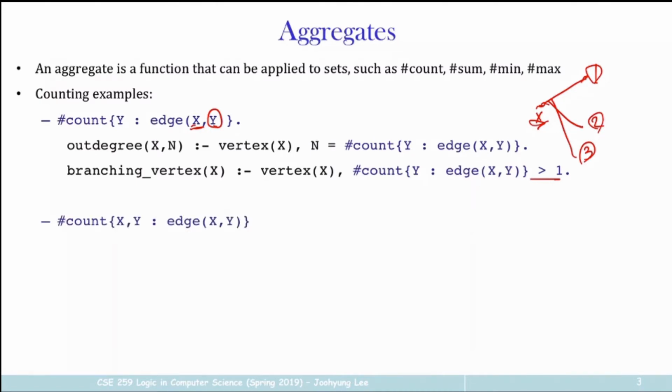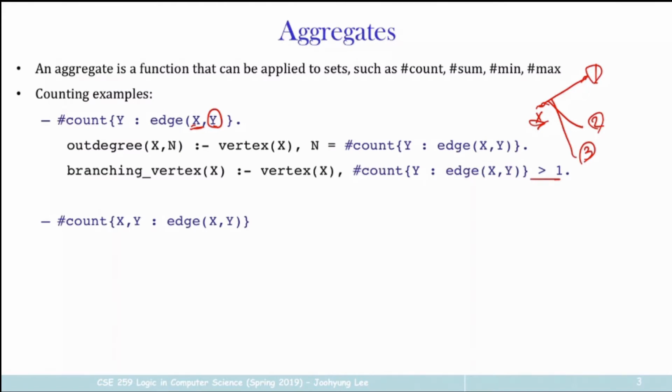So here is a different thing. In this case, counting is counting the pairs of x and y such that edge xy is true. Okay? So what is it actually counting? So before I said it's similar, but the first one has only y as the counting thing. So we are only counting how many y's are possible. But this time we are counting how many xy pairs are possible such that edge of xy is true.